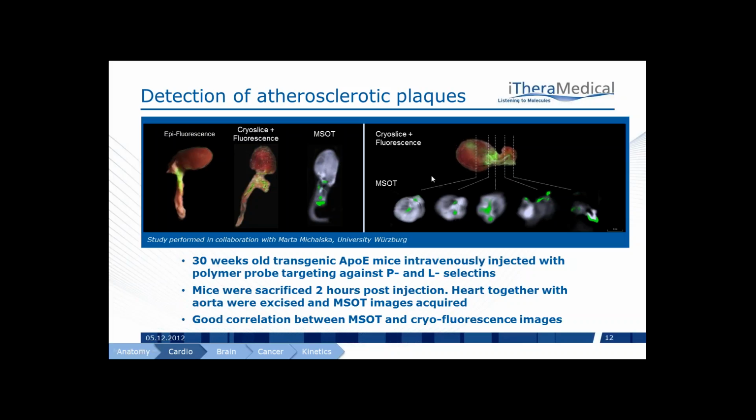We can then image this ex vivo specimen in the other plane as well, and see that we can as well see the predominance of signals in the aorta, in the proximal aorta, and comparatively lower signal in the heart.